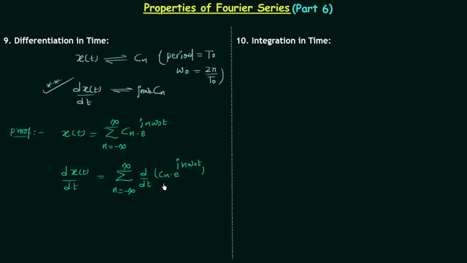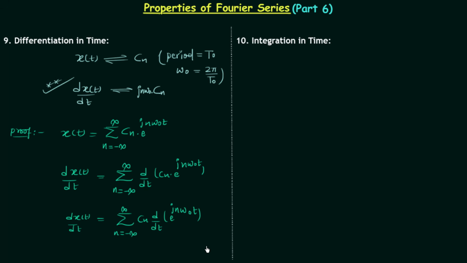Here you can see Cn is the coefficient which is dependent on n, so we can take it out of differentiation, and the only thing we need to differentiate is e power jn omega naught t. We know the differentiation of e power jn omega naught t.